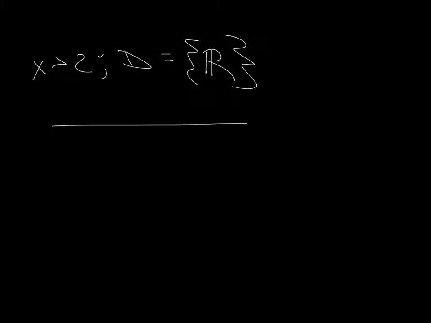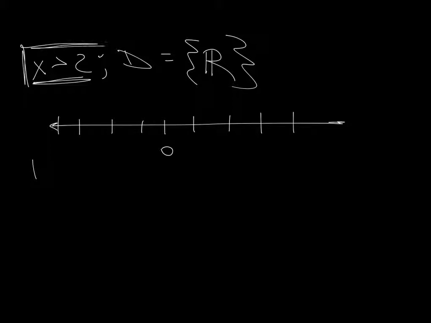So if you're asked to graph that, is 1 part of that domain? Well, it is part of the domain, but we're only interested in the numbers that are greater than 2. So even though 1 is a part of the domain, just like every other number, it's not following the instructions that we're looking for. Given this whole bunch of numbers, I just want you to pick the numbers that are bigger than 2.